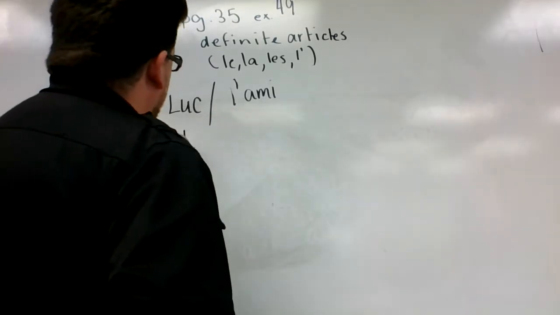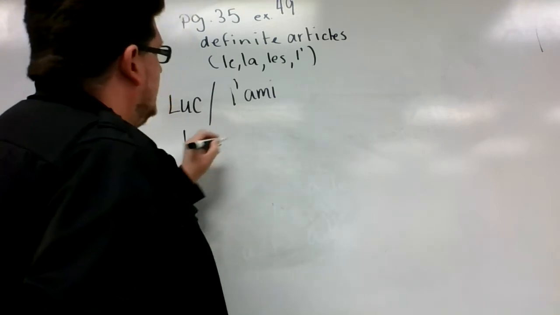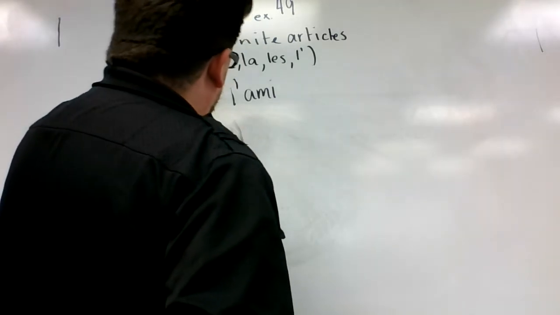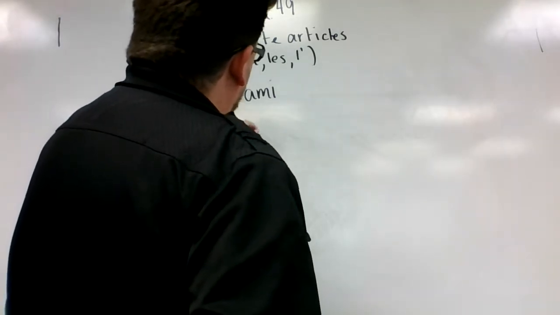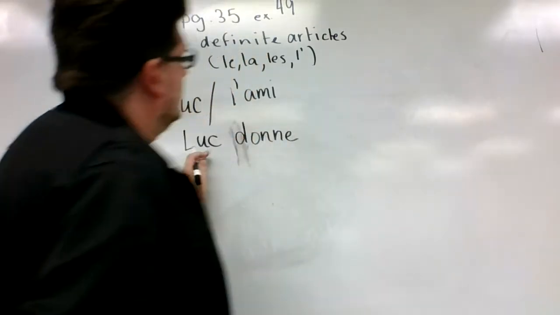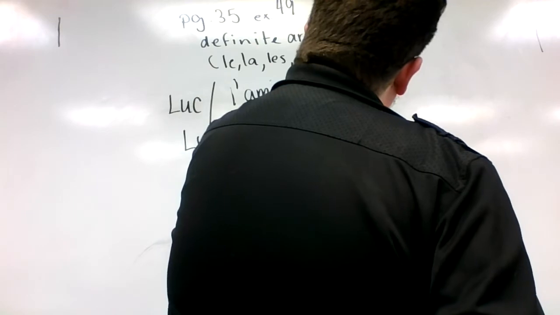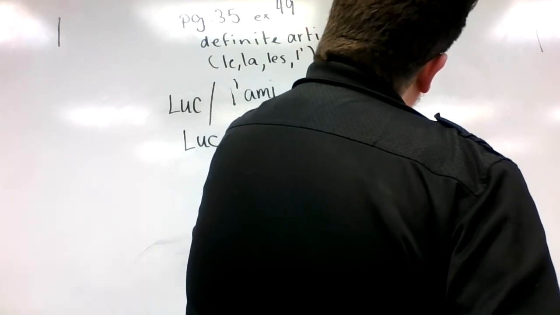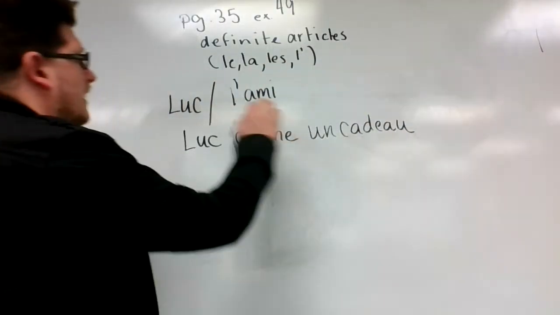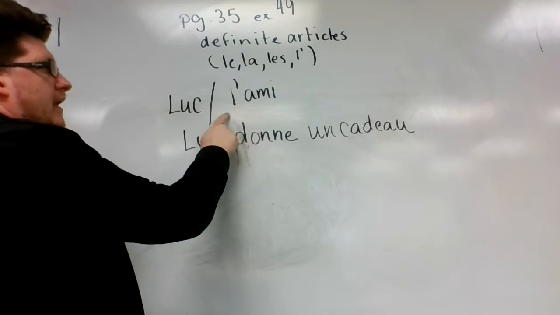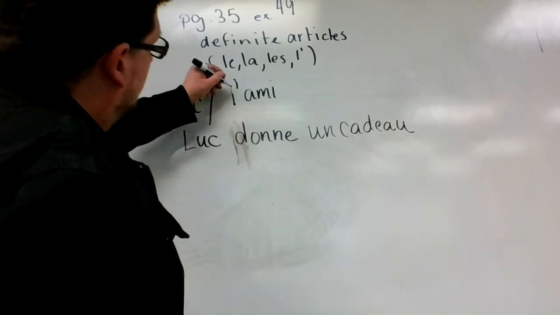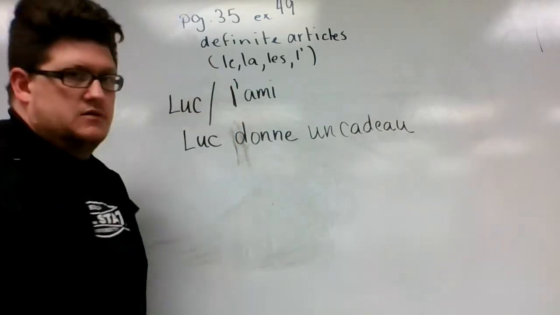We start with my subject, Luc, and then we would have donne, so Luc gives a gift, un cadeau. Then here we have l' as our definite article.